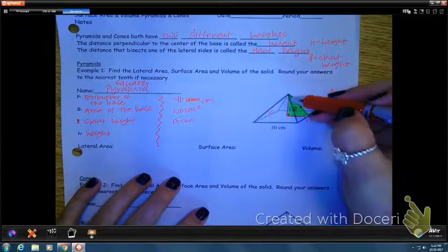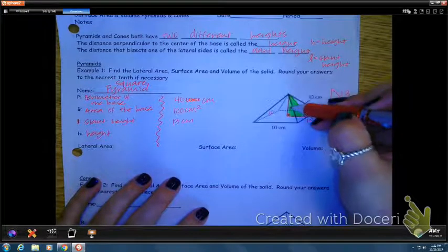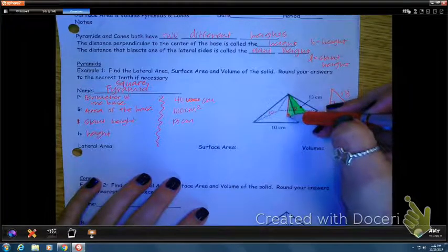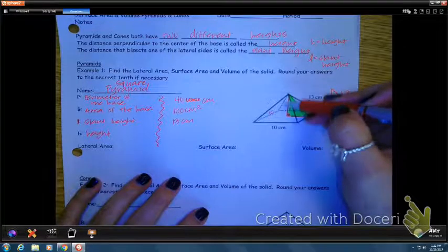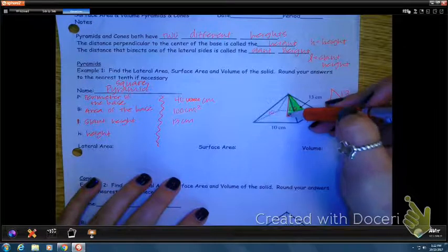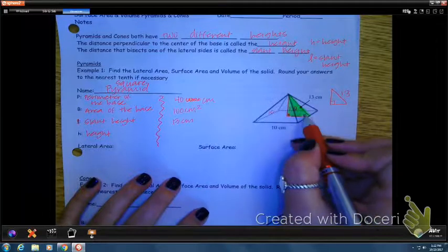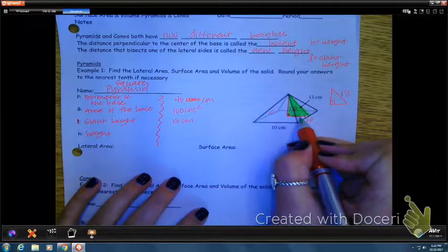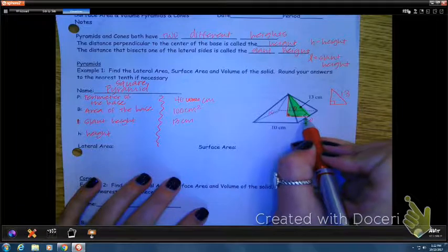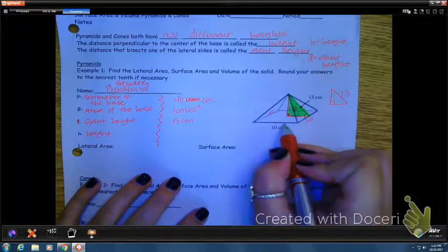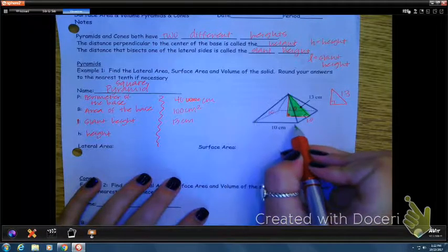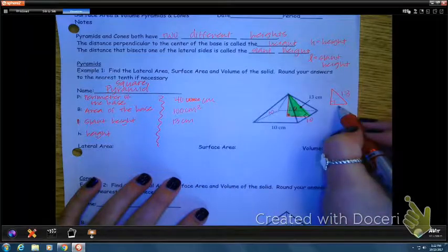Your height is perpendicular to the base, and of a square, it's going to be right down the middle. So if we're looking at just this right triangle, then our length right here would be 1/2 of your total length. So this length here would be 5.